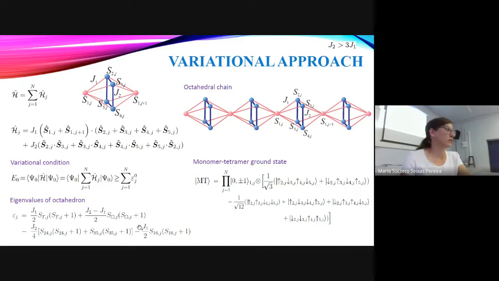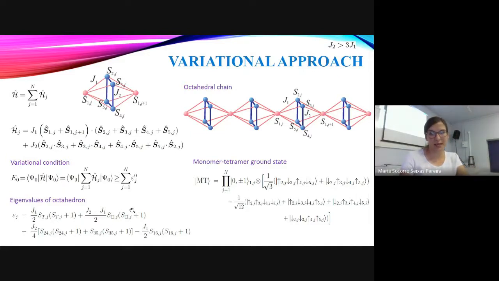The energy spectrum of a single octahedron can be found through the simple Kambe projection method, and it depends on the total spin and the total spin on the square plaquette and some composite spins.